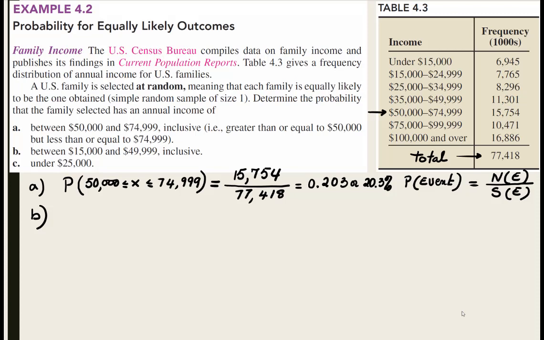B, when X is between 15,000 and 49,999 inclusive. So 15,000 is less than or equal to X, which is less than or equal to 49,999.